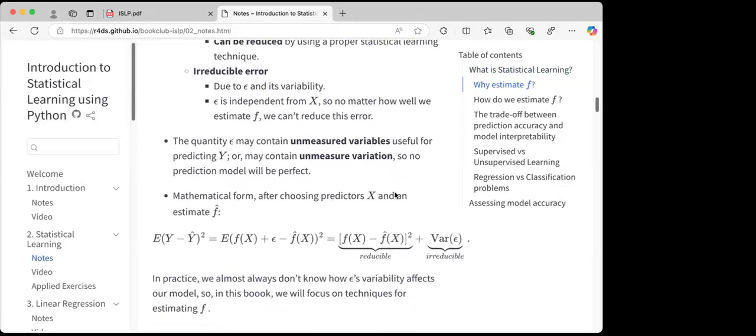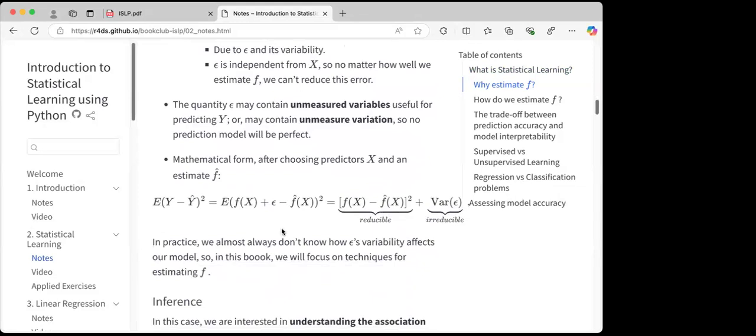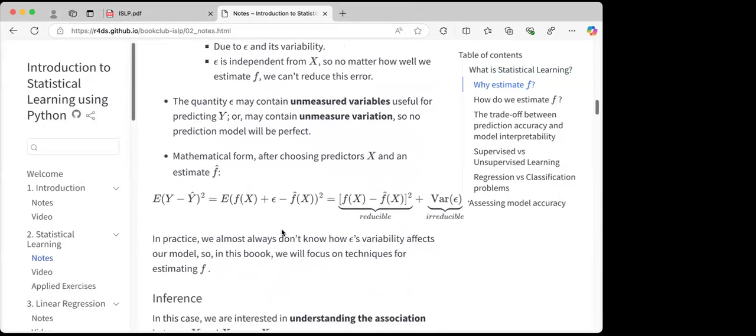Mathematically, we could write this as the expectation of Y minus the predicted Y, squared, is equal to the expectation of F of X plus the error term minus the estimated F, all squared.